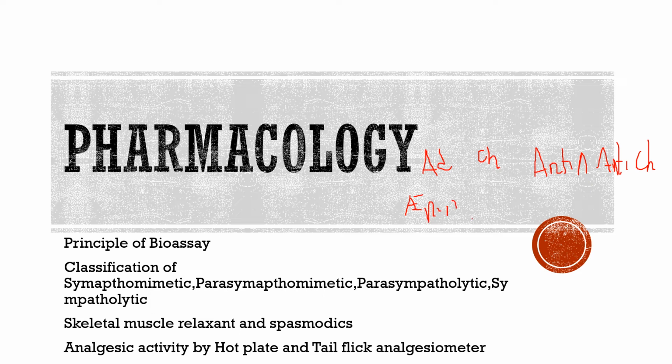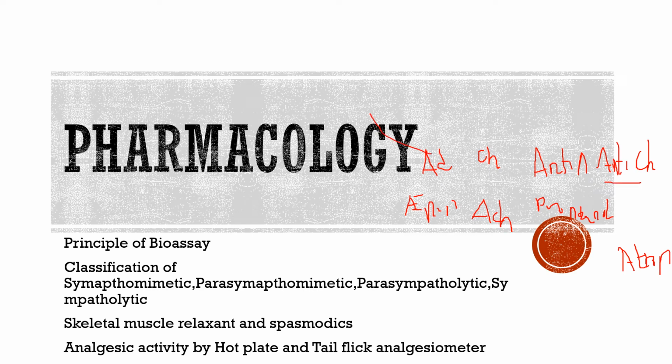In cholinergic, we can take acetylcholine. In anti-adrenergic, we can take a beta blocker or alpha blocker. Suppose we take propranolol. That's the most widely used beta blocker, the prototype of the beta blockers. In anticholinergic, we can take atropine. That is again a prototype. Or we can take scopolamine or homatropine, ipratropium, any anticholinergic drugs.